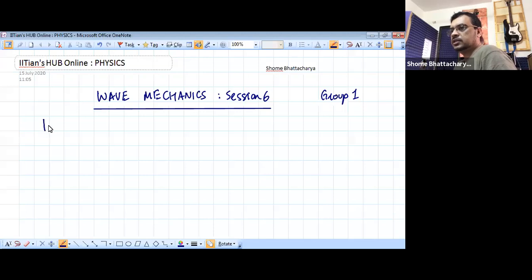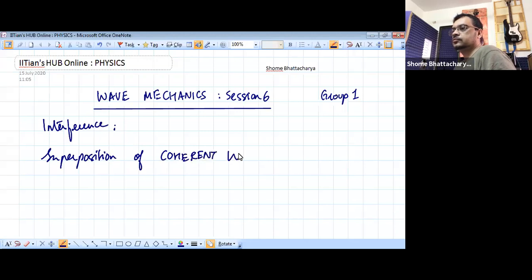We saw that the necessary condition for interference is that there should be superposition of what we call coherent waves traveling in the same direction.